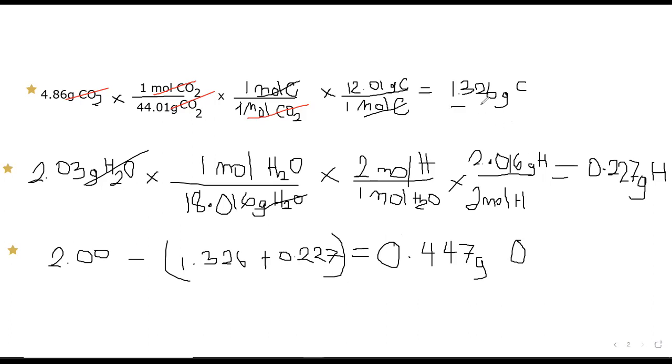So we have it for carbon, for hydrogen, and for oxygen. When you add these values, it should add up to 2, or as has been given in the question, 2.00.